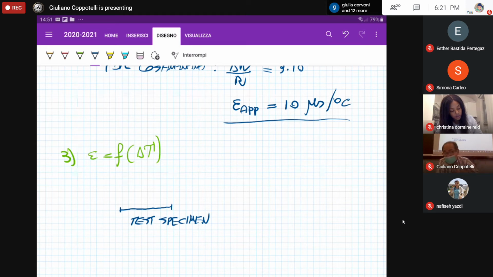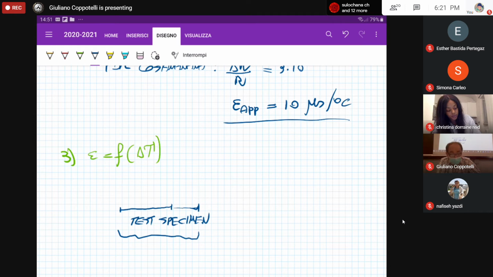So, for example, your test specimen moves from here to this one. So this one is the new length of your test specimen.